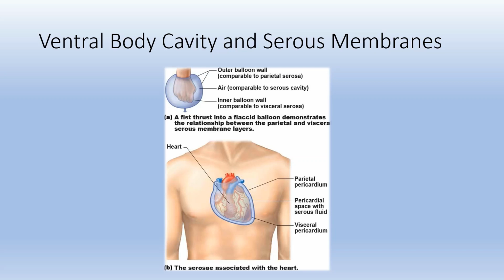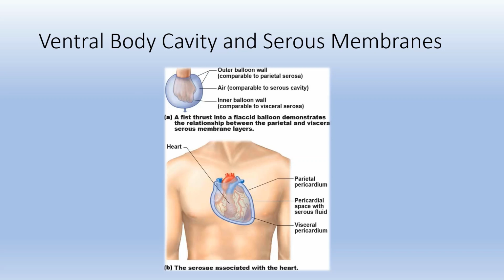If you are having trouble trying to imagine this or picture it, think of a slightly deflated balloon. If you were to push your fist into that balloon, you now have two layers. The part of the balloon that is touching your fist, that is in direct contact with your fist, is the visceral serosa.